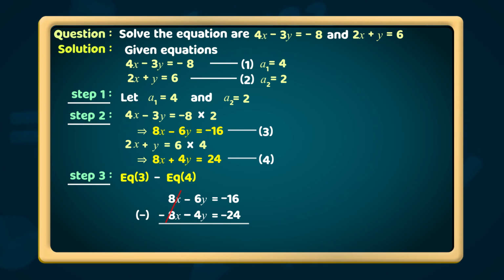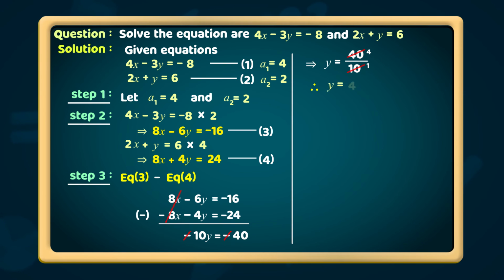In second term, minus 6y minus 4y going to be minus 10y equal to constants minus 16 minus 24 going to be minus 40. Here minus are getting cancelled. That implies y equal to 40 by 10, 10th table, here 1 time, here 4 times. Therefore, y equal to 4.